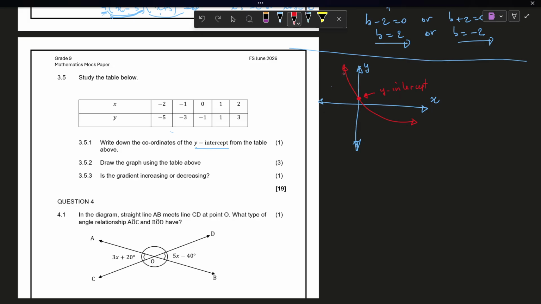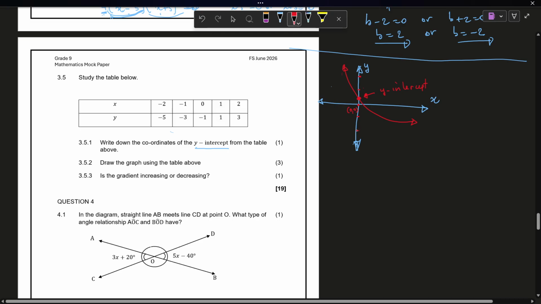We know that all the points on the y-axis behave in the same way. Let's say you've got the point 0, 0.